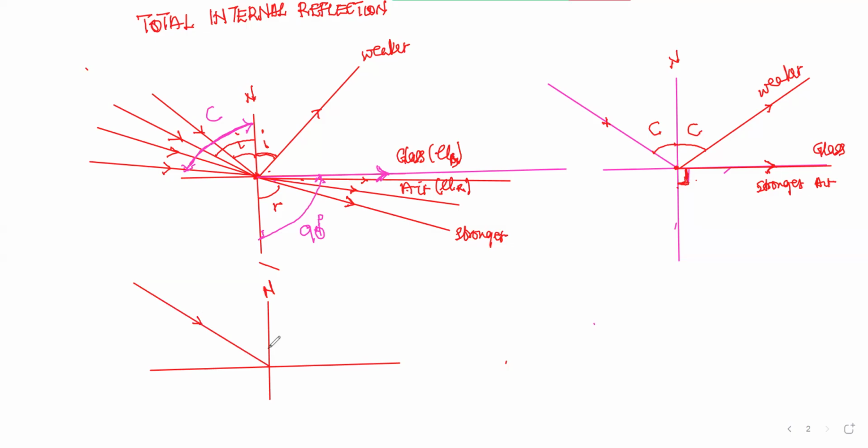This is an angle of incidence I greater than the critical angle. And when this happens, when the angle of incidence is greater than the critical angle, we have total internal reflection occurring.